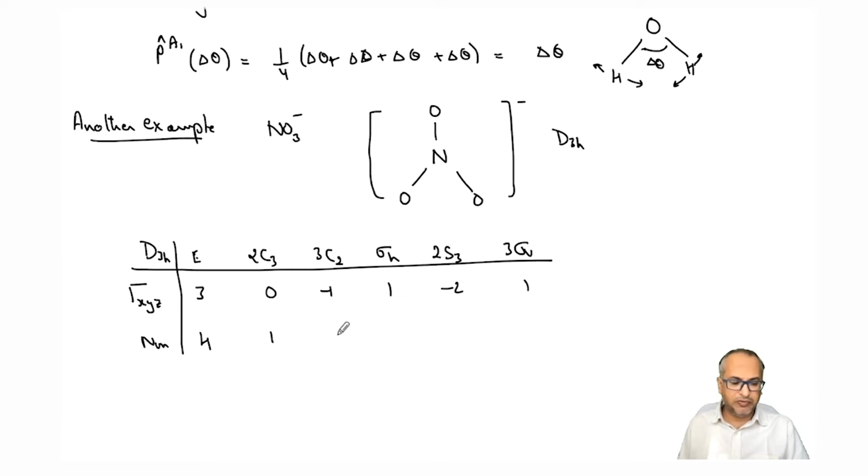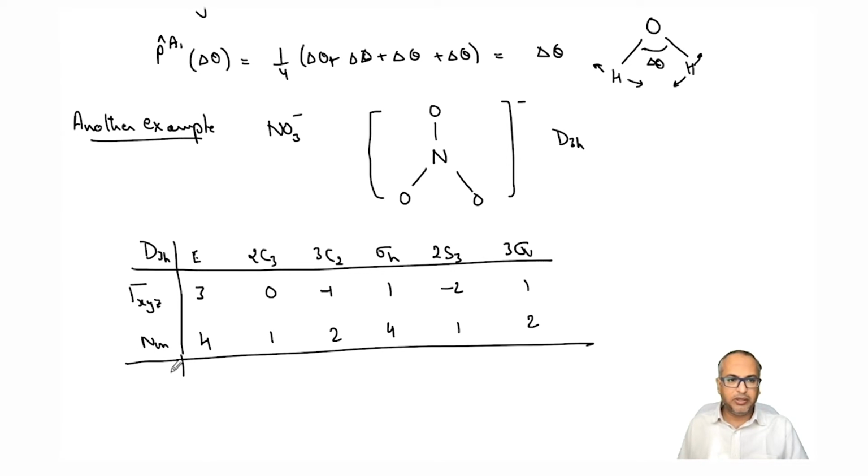The central atom will be unshifted. C2, 2 atoms will remain unshifted. Sigma h, all 4 will be unshifted. S3, 1 atom will be unshifted. And then sigma v, 2 atoms will be unshifted, right? Okay, so that gives me tau 3n. Multiply these two. So I'll get 12, 0, minus 2, 4, minus 2, 2, right?